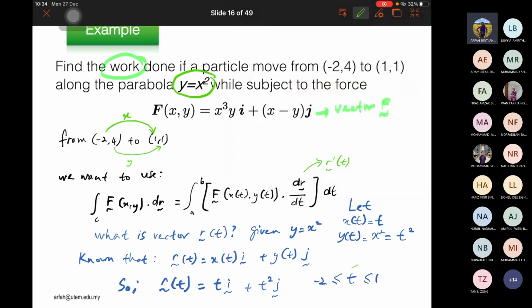Why negative 2 to 1? Because t equal to x and x is from negative 2 to 1. This one. X is from -2 up until 1 and y is from 4 up until 1. So this is your vector r.